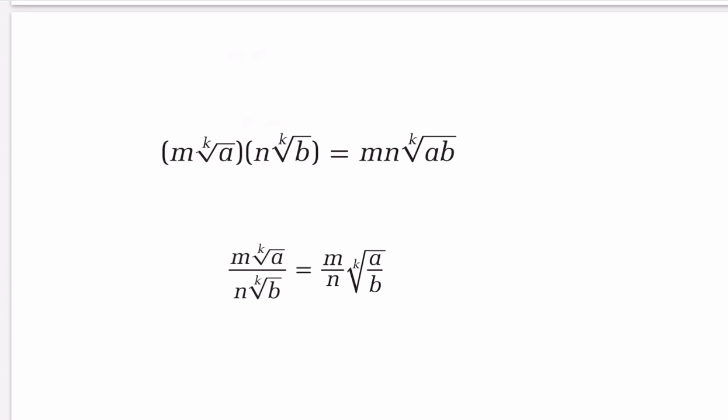You can also do the division if the numbers with the roots have the same roots. You can put them in a single root and you can do the division. It is not that difficult, it is easy. The only thing you need to be careful and to watch for is the power that you have here or the roots that you have here.